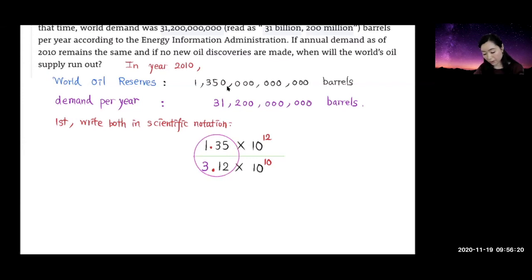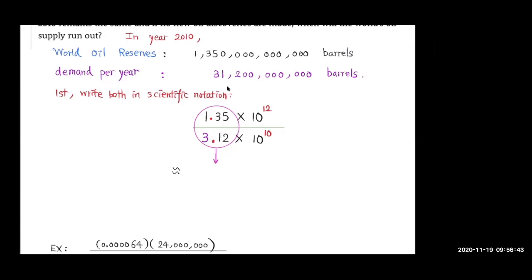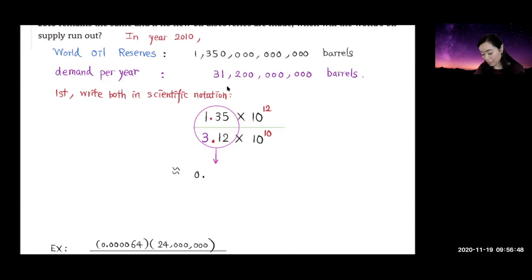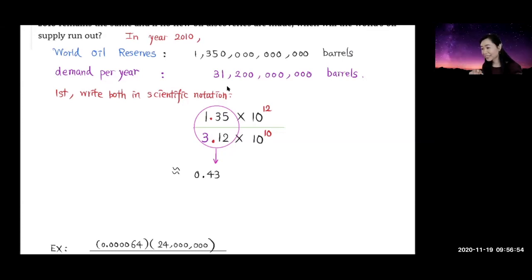Get your calculator, and tell me this division, 1.35 divided by 3.12, is about what? 0.4326923. Yeah, 0.43 something. Let's just keep 2 decimal places for now, because we want the number here.